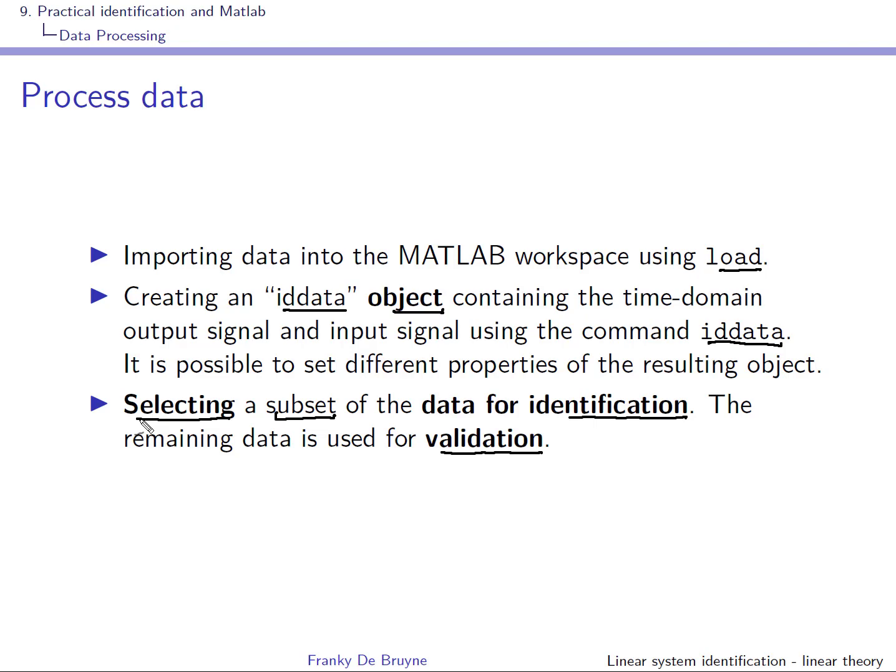So let us use an example. You receive a data set, rain and river flow, and you want to use this data to identify a linear model for flood prediction. Flood prediction means the level of the river is high. So in your data set, you should select data sets that are as close as possible to a near flood situation.